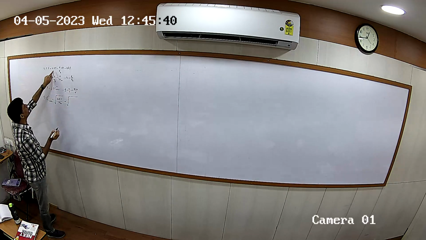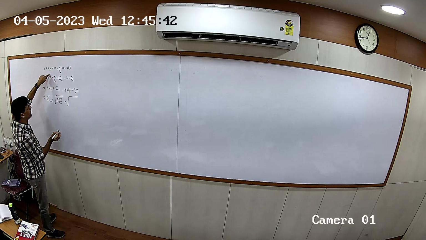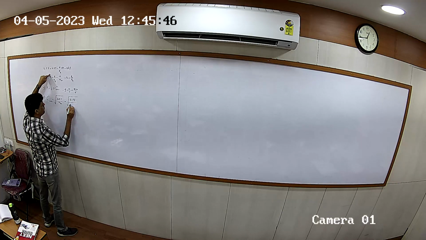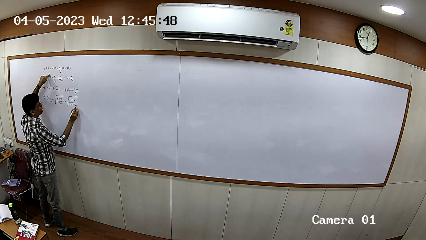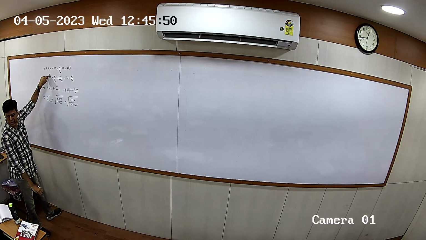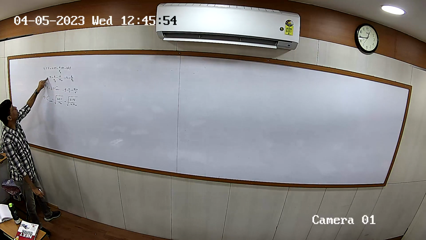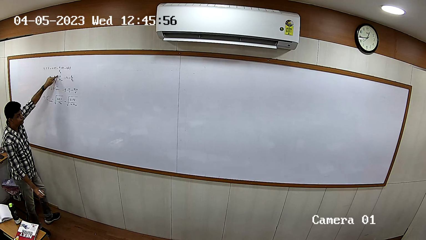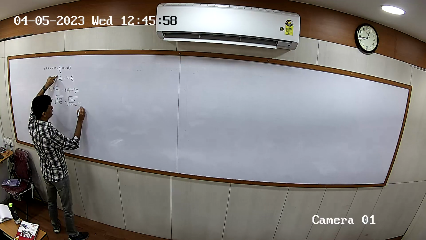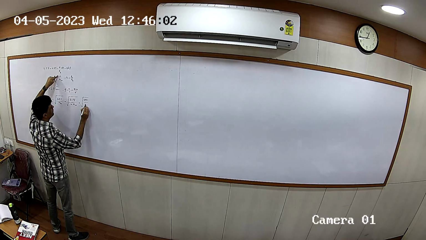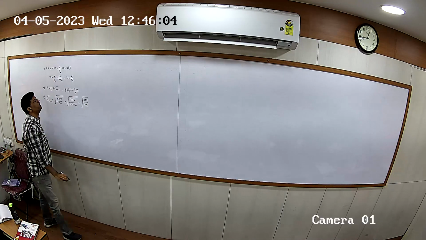PV is equal to nRT. So RT I will write as PV upon n. Is this clear? And n into MW is the mass of the gas. Is it clear?